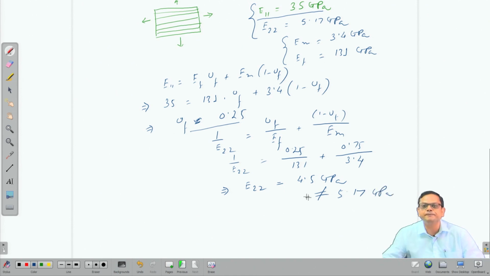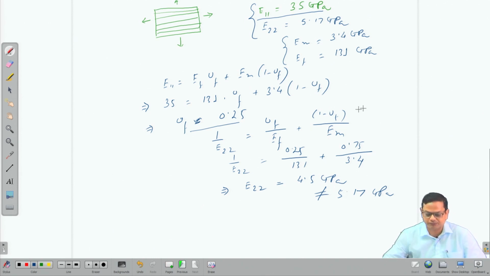So, in this particular case, this kind of composite material fabrication is not possible, because considering the same volume fraction, the value of E22 does not match the 5.17 GPa requirement.